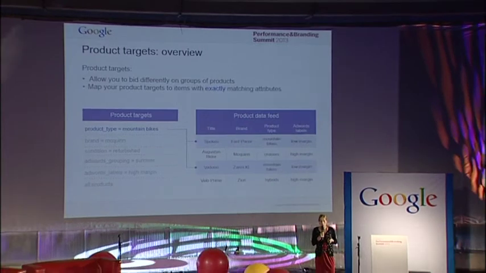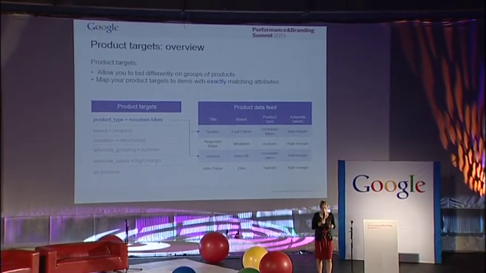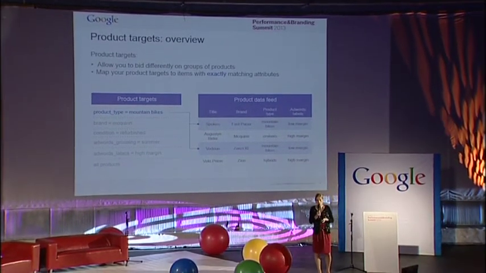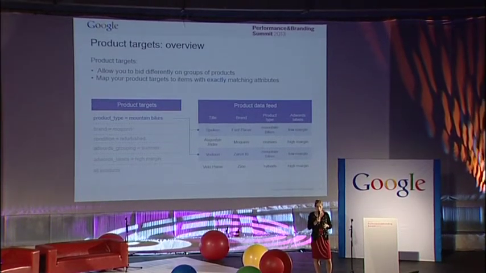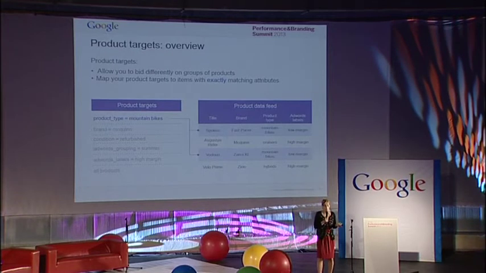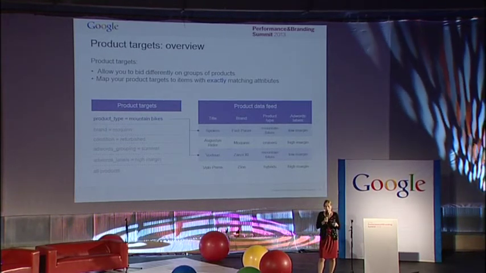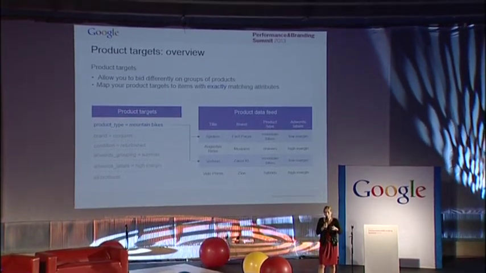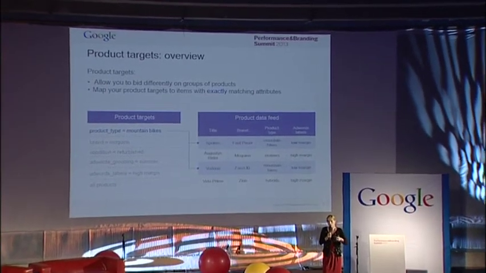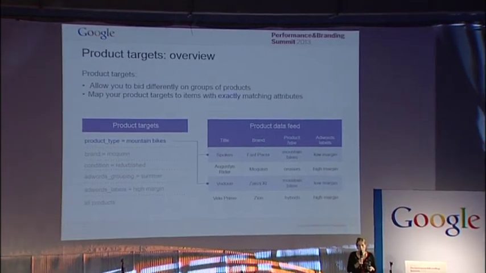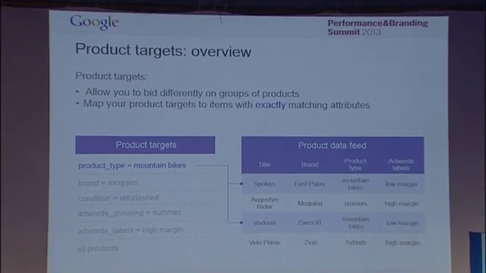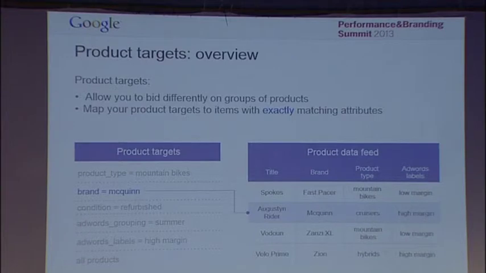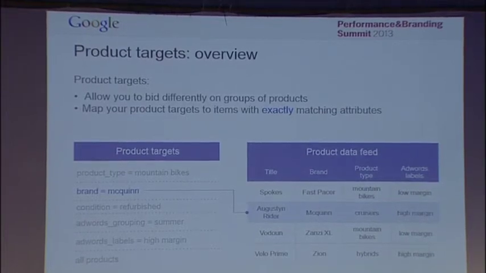So here's an example of how you can map some of your products in your feed with attributes that exist there. For example, if you want to create an ad group with product type is mountain bikes, you would have the first and the third one that would belong to that ad group because that's what they have as an attribute in the feed. If you want to use brand, you can also segment your products by brand.